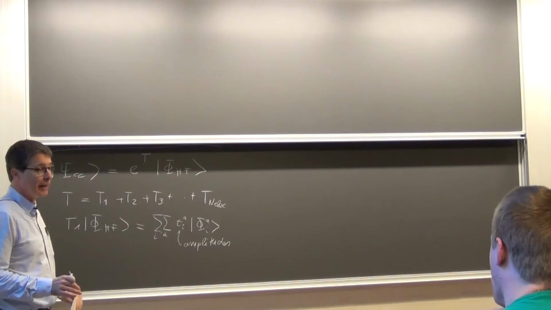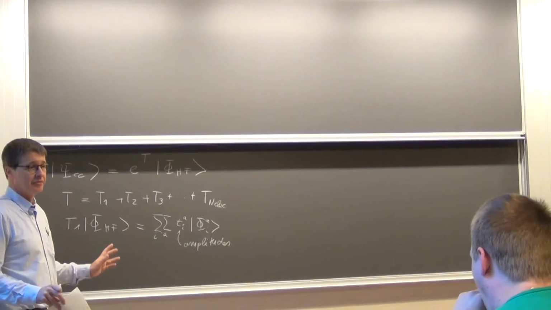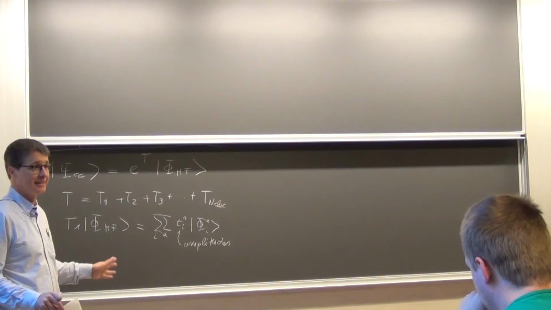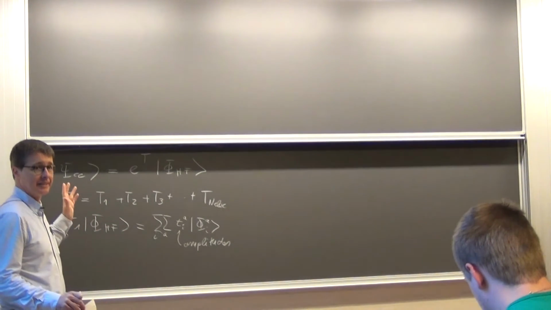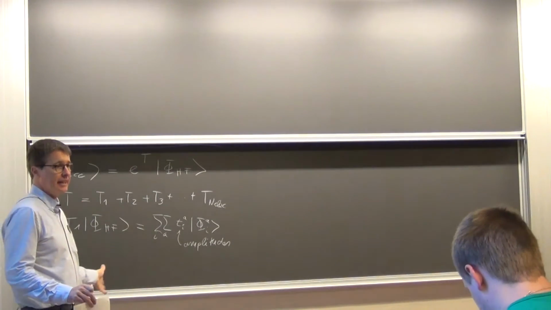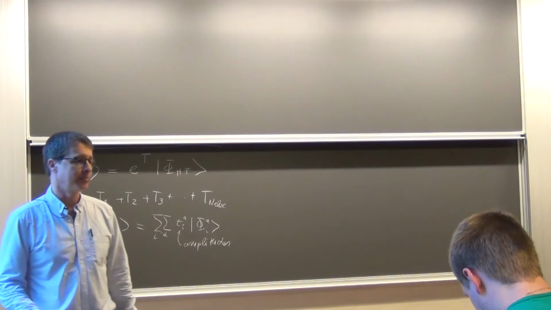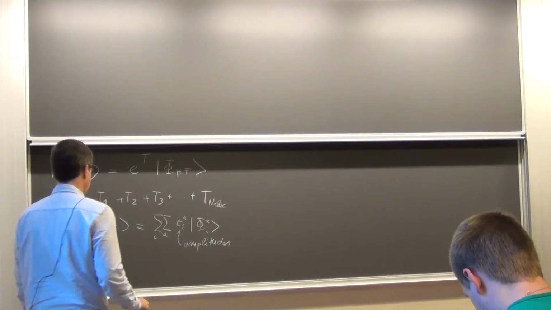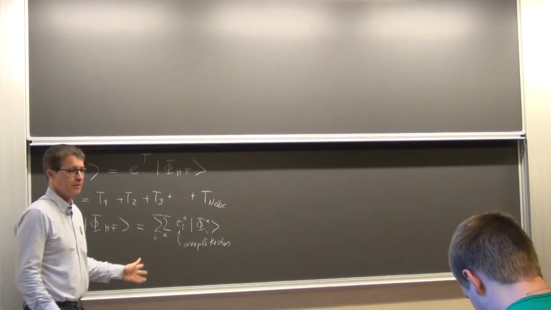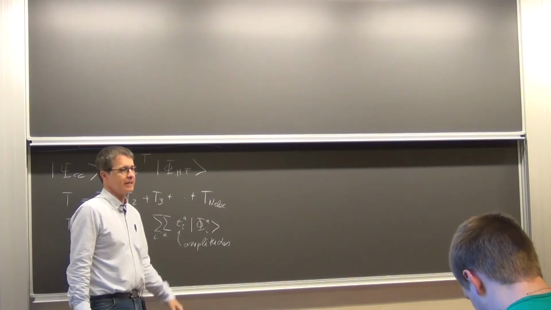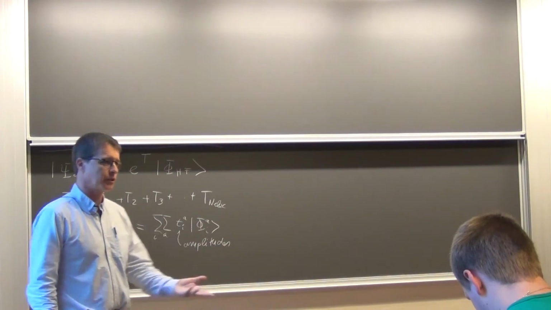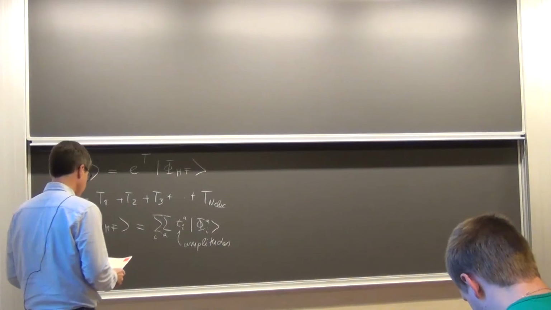But they are in a way nothing different from the A's we had on Tuesday and the A's we had in CI and multi-reference CI or MCSCF last week. They are just coefficients in front of the determinants, and therefore determine the weight of this determinant.